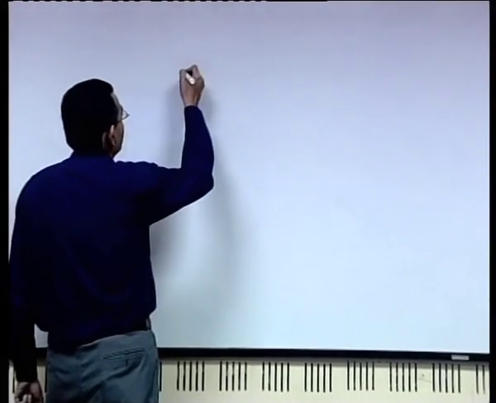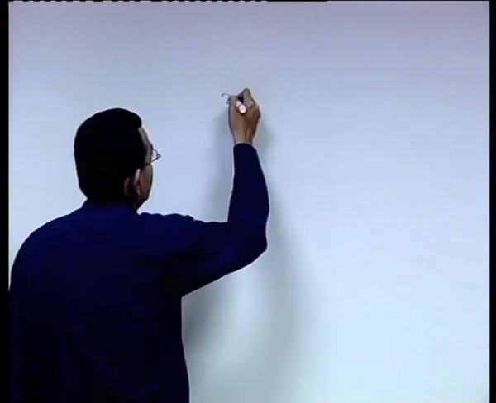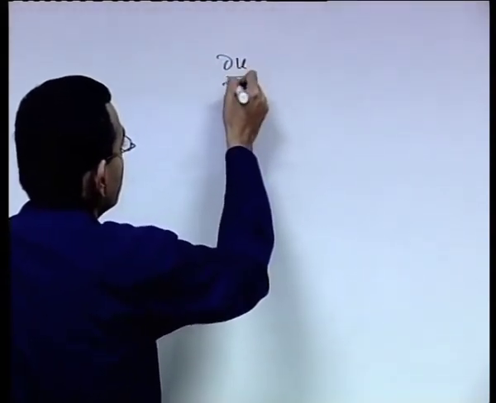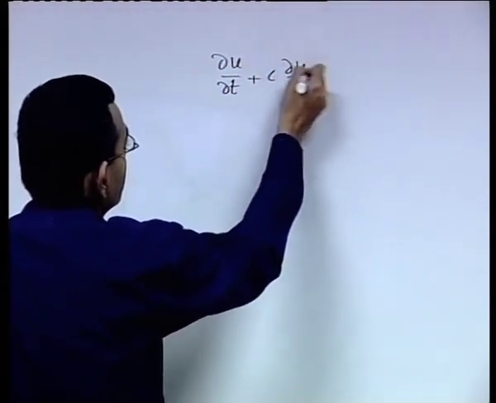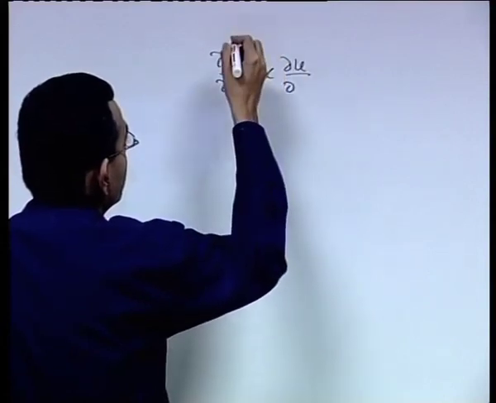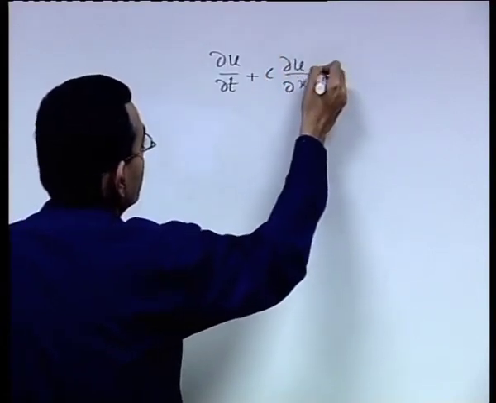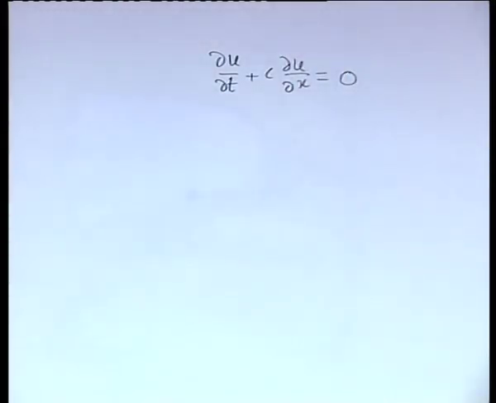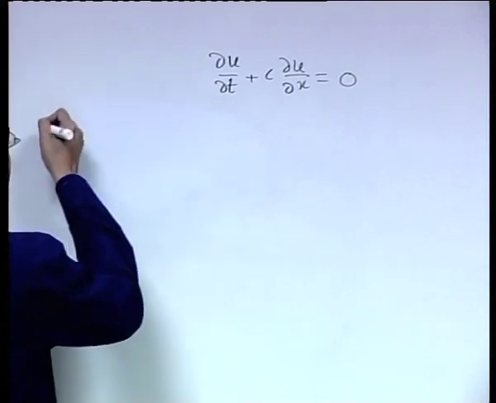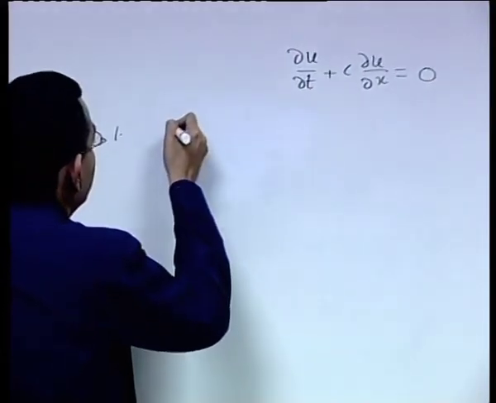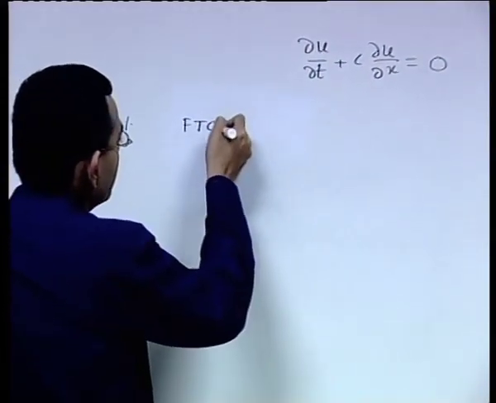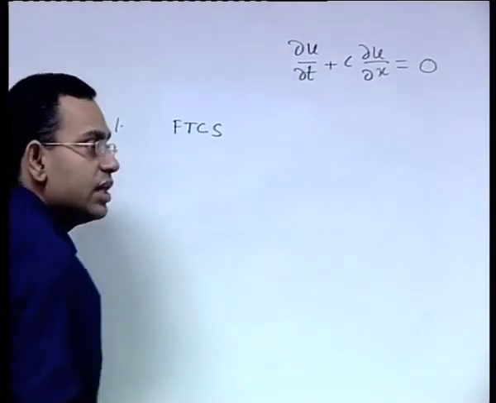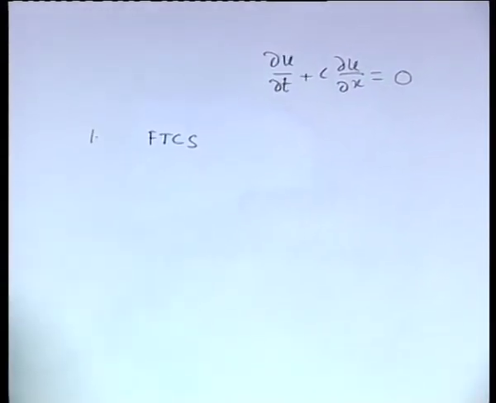So, our objective is to look into this prototype equation and assess various discretization schemes for it. We will start with one scheme with which we started for the heat equation also, the FTCS scheme, forward time central space.